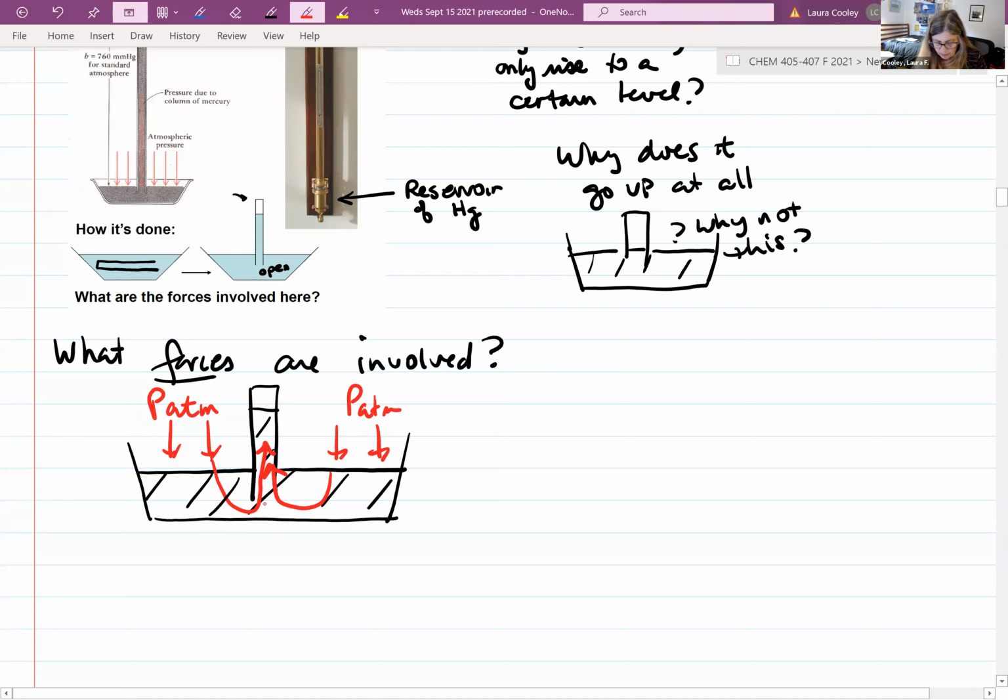So the force due to the pressure, remember, pressure is force per unit area. That means that the atmospheric pressure multiplied by the area is the force. That's actually the force pushing up.